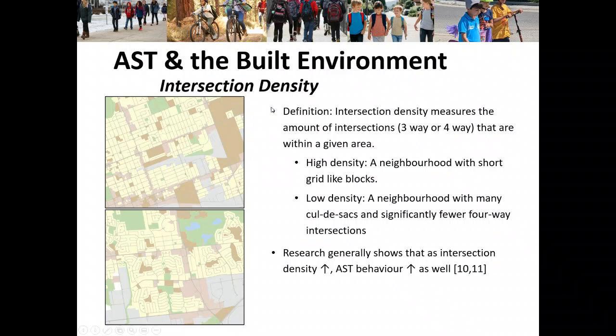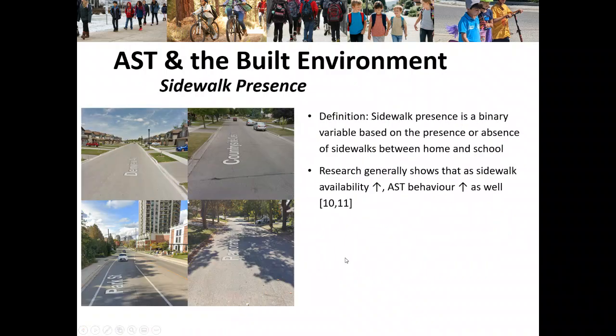The idea is that there are more direct ways to travel from one location to another because you can easily jigsaw your way through. Here, in this kind of environment, if your school is located up here somewhere and you're walking from down here, there's no real direct way to go. You have to take a whole bunch of out-of-the-way routes to get to your school.